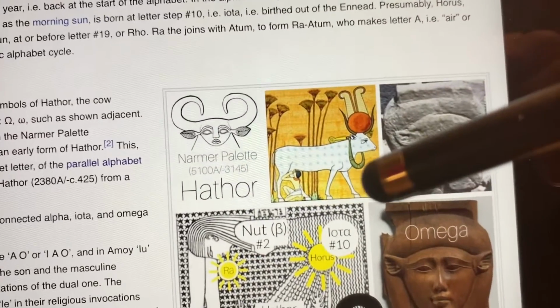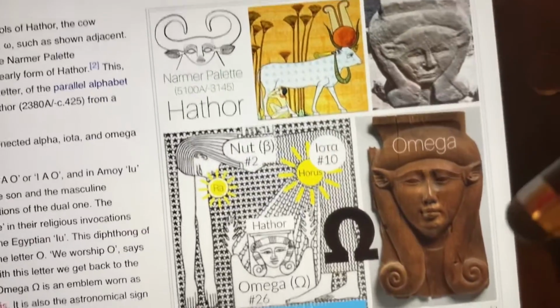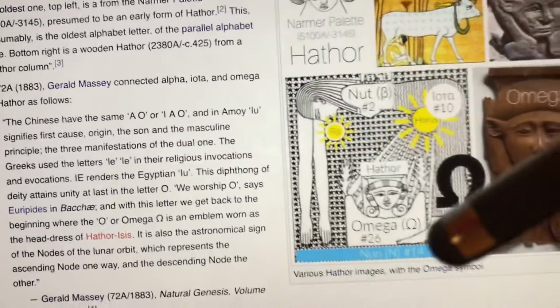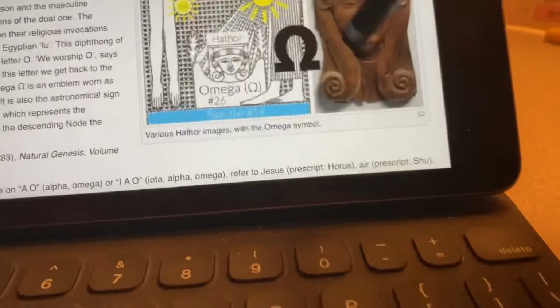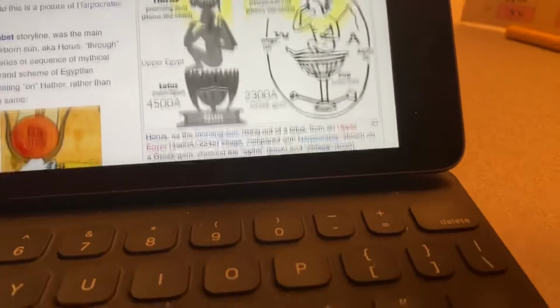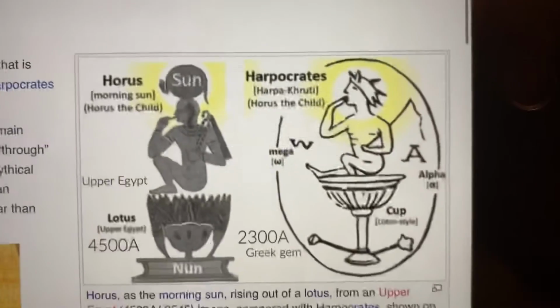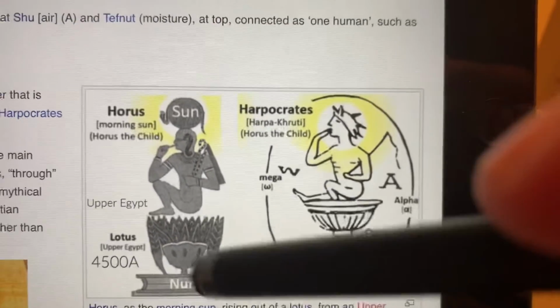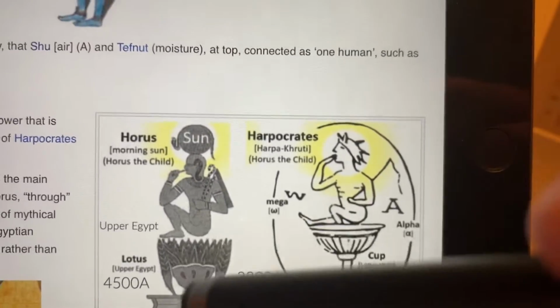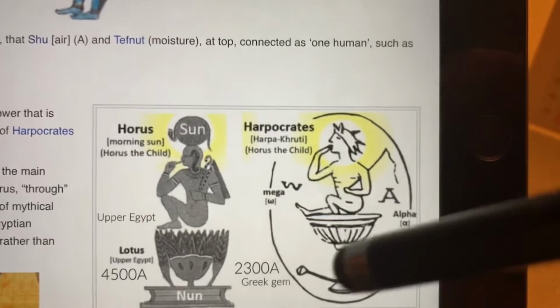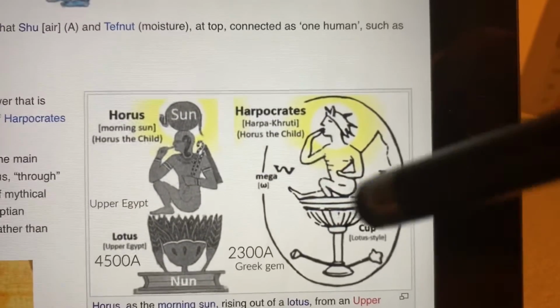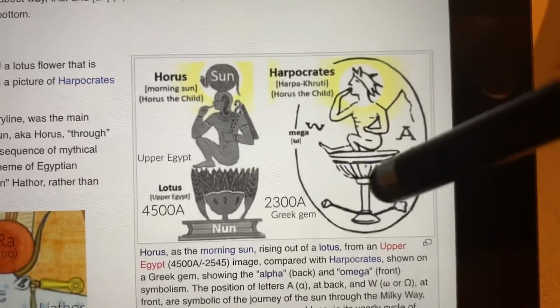And then it became omega around the neck, and then it became omega around the hair, and then it became Hathor on the horizon. And this got pushed into, there's Horus, the morning sun, and there's Harpocrates with alpha and omega shown on a Greek gem.